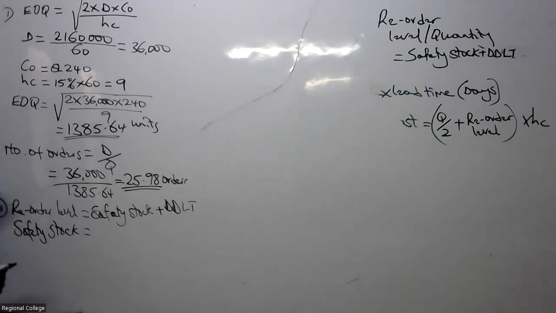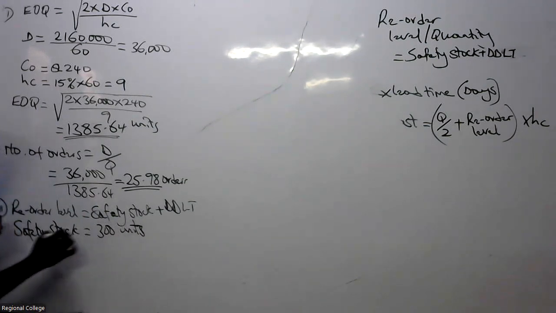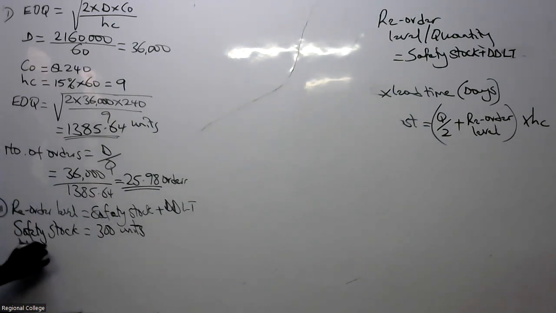The desired stock level, 300 units. And how much is our DDLT?